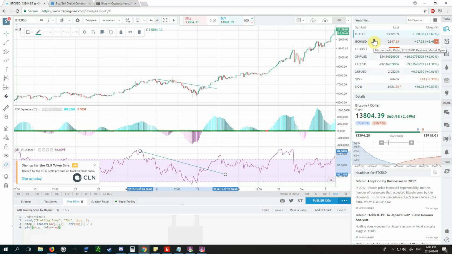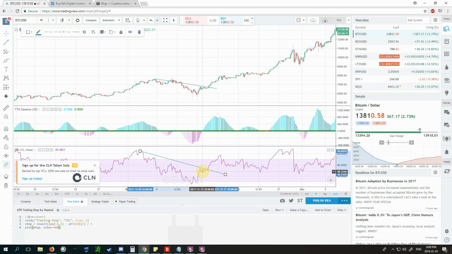You can see all your Bitcoin, Bitcoin Cash, Ether in US dollars, XMR, which is Monero, Litecoin, and Ripple. These coins it'll track along with the charting software, which TradingView does well when compared with other platforms.